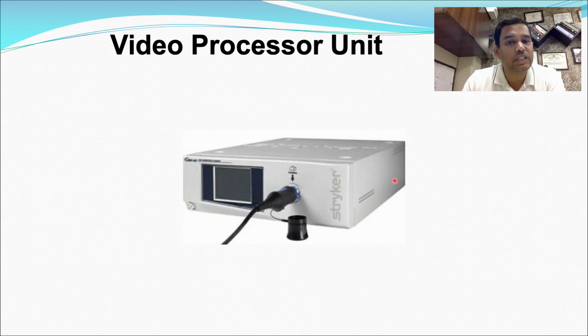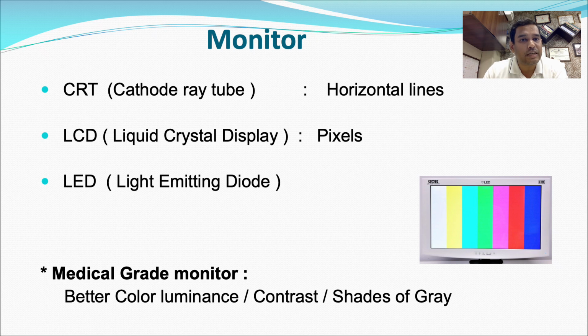This is the video processing unit which receives the data from the CCD or the camera head. It processes this data and then projects it over the screen, that is the monitor. Initially we had CRT, that is cathode ray tube monitors with little less clarity. The quality of the screen was measured in horizontal lines.